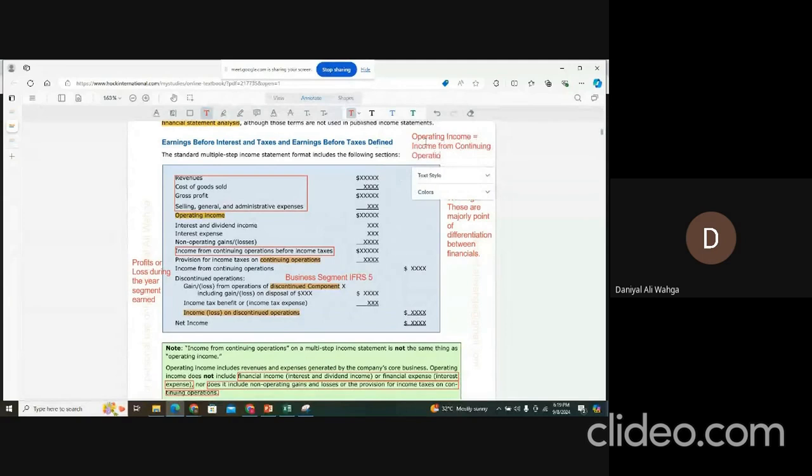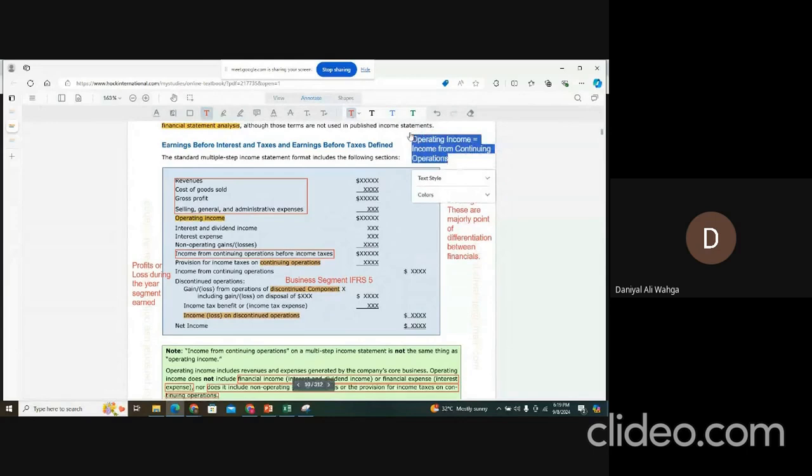So this means that both my operating income and my continuing operation income are just equal.